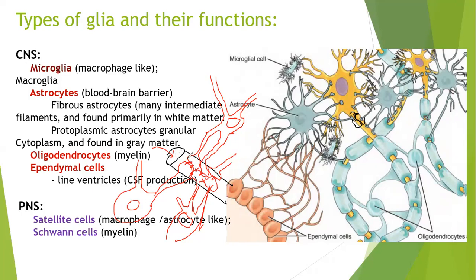Now, where it flattens at the edge of one astrocyte, you'll find that it will come in contact with the edge of the other adjacent astrocyte extension. Then this comes in contact with the other one. Now, what will happen is they will form tight junctions between them.